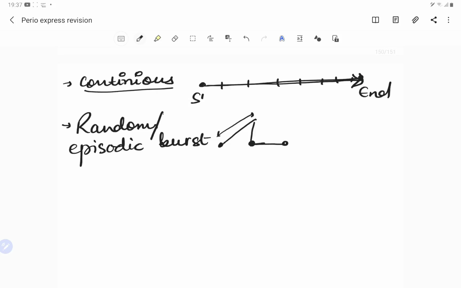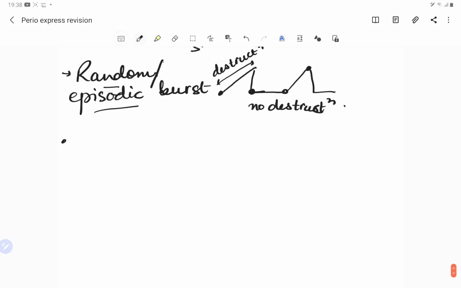That means a period of destruction followed by a period of no destruction, then destruction again, then no destruction for some time. This is the random or episodic burst theory.